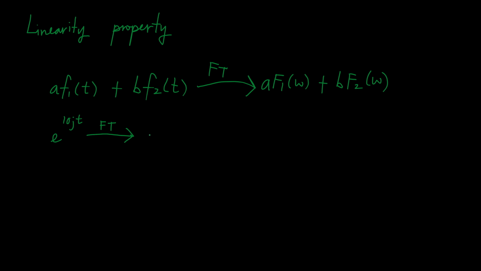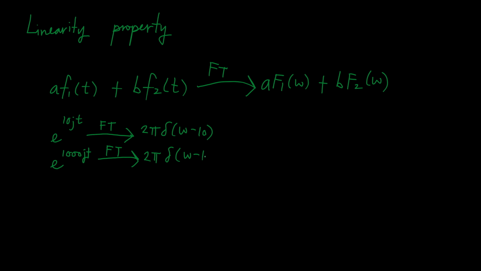Now, let's say we have two specific equations, e to the power of 10 jt and e to the power of 1000 jt. The Fourier transform of e to the power of 10 jt is 2 pi delta omega minus 10, and the Fourier transform of e to the power of 1000 jt is 2 pi delta omega minus 1000.